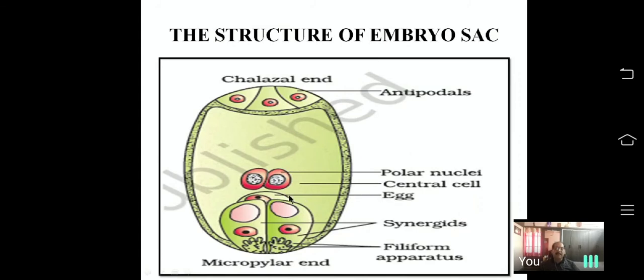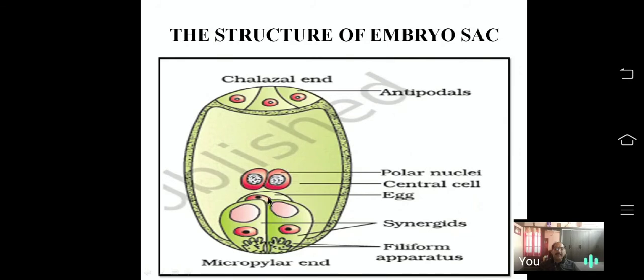This is the egg. On either side of the egg, there are two cells called synergids. So this is the functional egg. Two synergids together are called the egg apparatus.